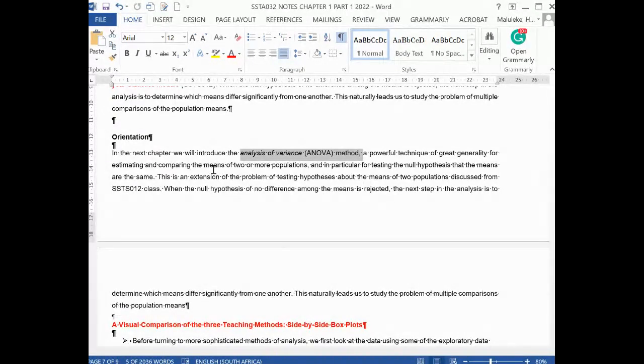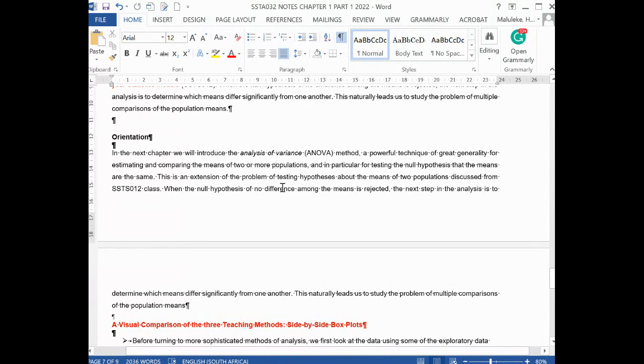So when coming to the ANOVA table, it's a technique where you compare two or more population means. In particular, testing the null hypothesis that the means are the same. This is an extension of the problem of testing the hypothesis about the means of two populations discussed in the SSTS012 class.